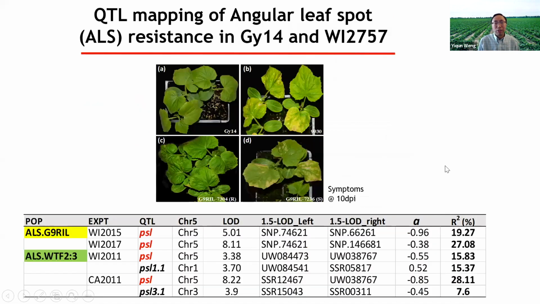We identified the angular leaf spot resistance in GY14 on chromosome 5, at the same location as DM1. But in 2757, we found additional QTL.